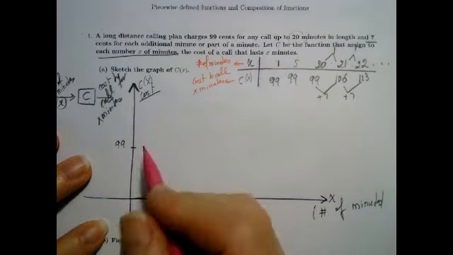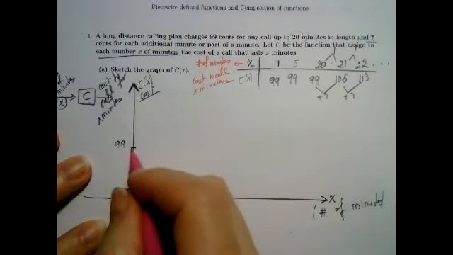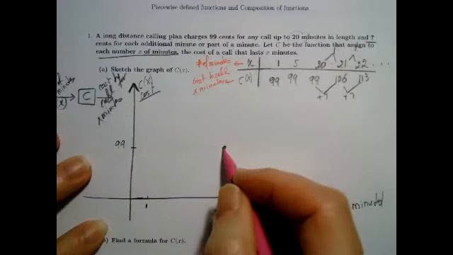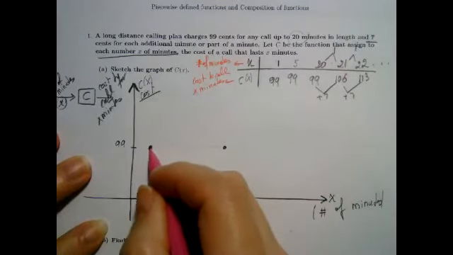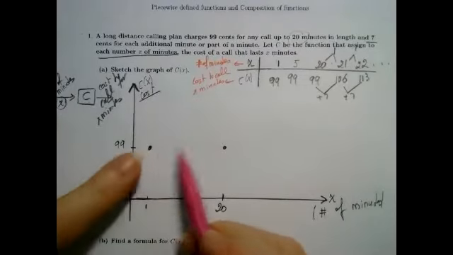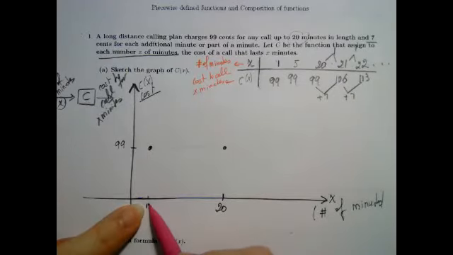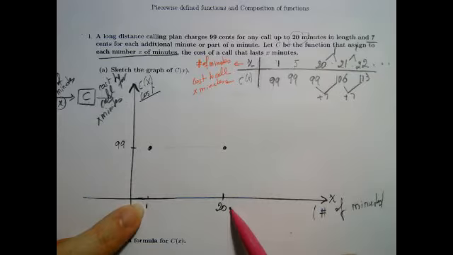Two points, one connecting 1 and 99 and one connecting 20 and 99. Why only 2 points? If you give me only 2 points, you know what this means? It means you only have output for 1 minute and 20 minutes.